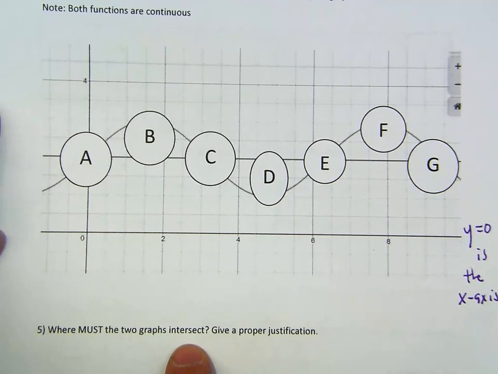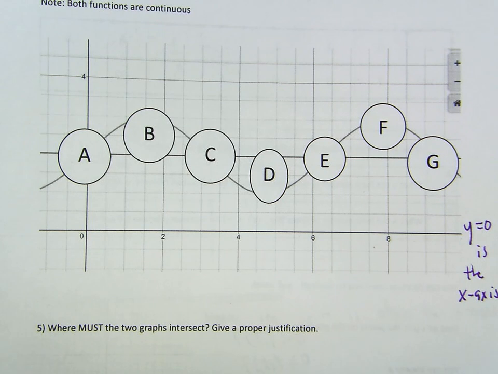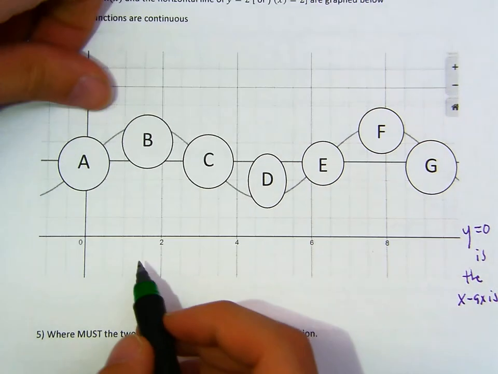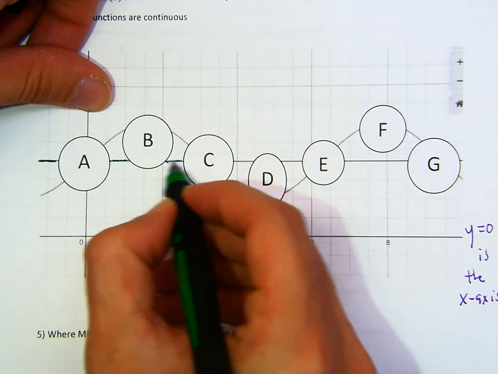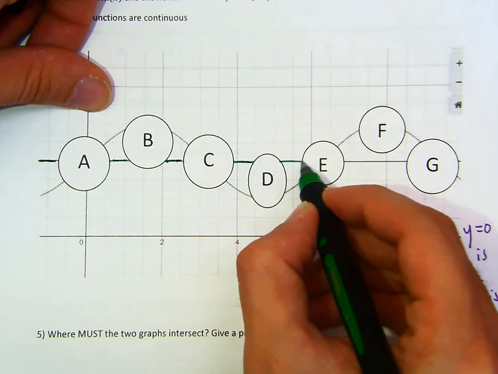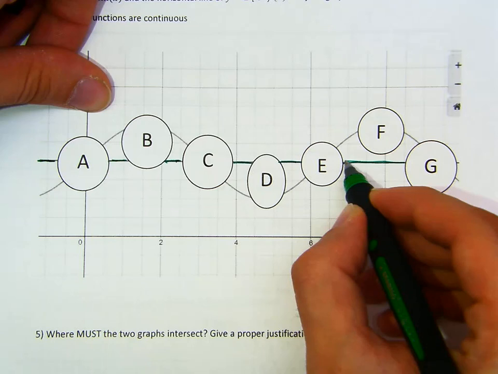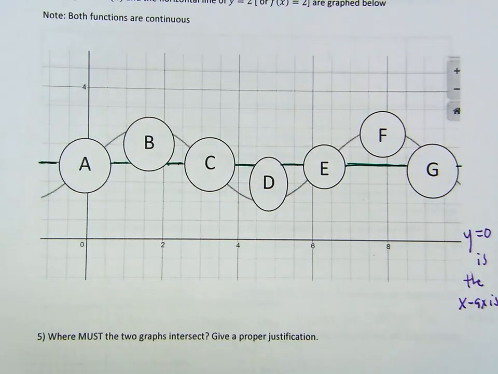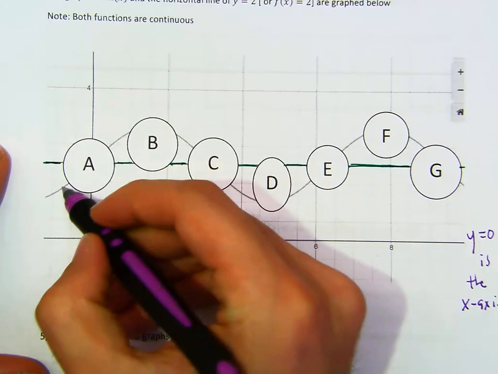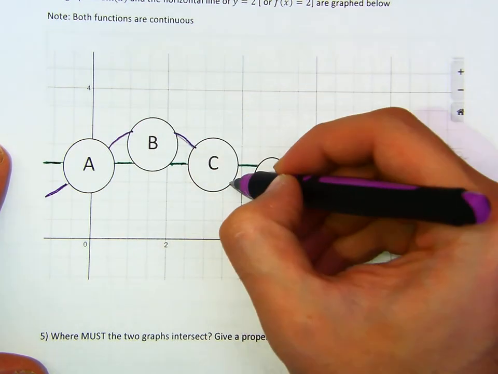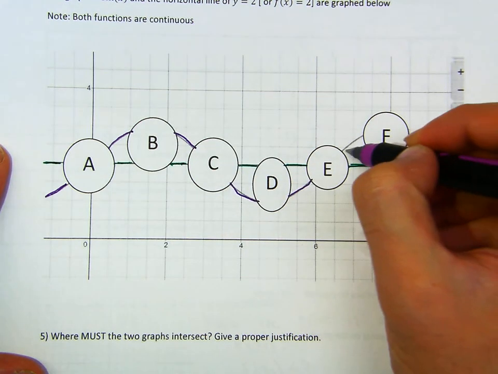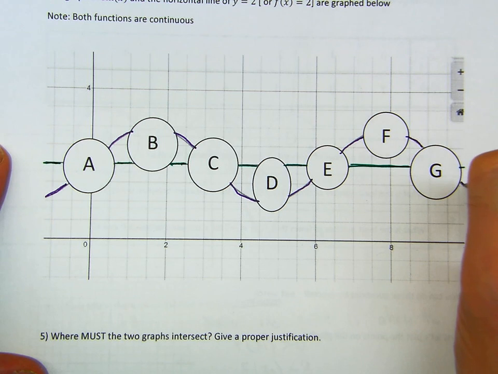Okay, let's take a look at this question. Something that would help you is to take some colors. Let's put this in green, okay? And let's put the sine of x in purple, okay?